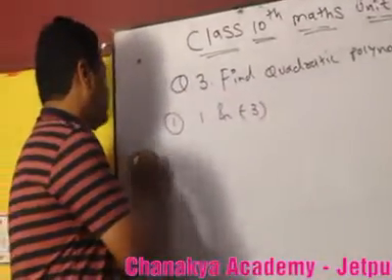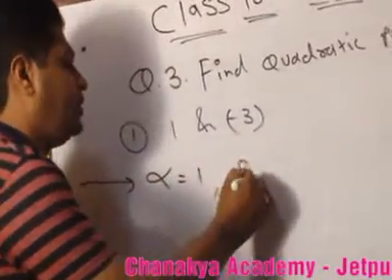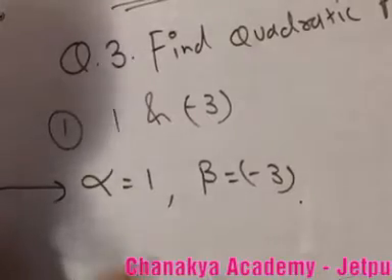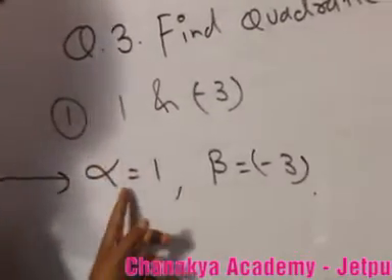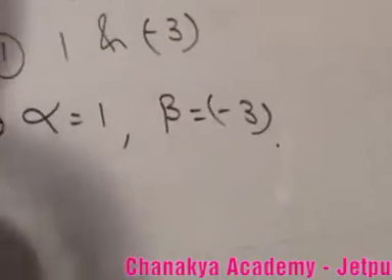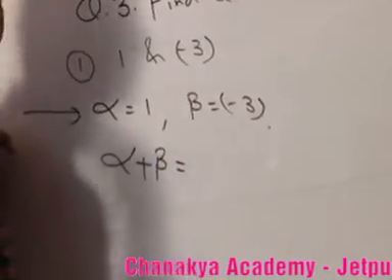Our first step is alpha equals 1 and beta equals minus 3. The first value, 1, is taken as alpha and the second value, minus 3, as beta.